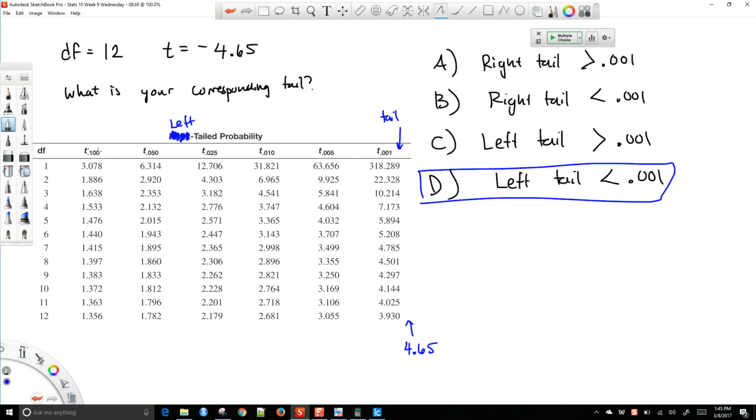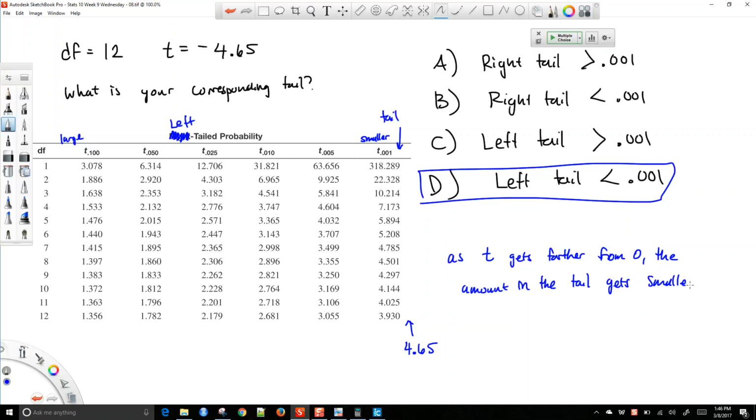If we look at the areas, we notice that they are large over here, and as we go to the right they get smaller, whereas our test statistics are small over here, and as they go to the right they get bigger. So what we have is, as t gets farther from 0, the amount in the tail gets smaller.